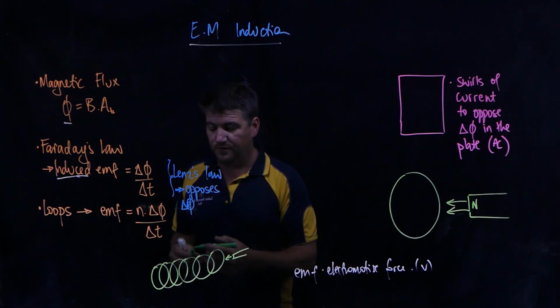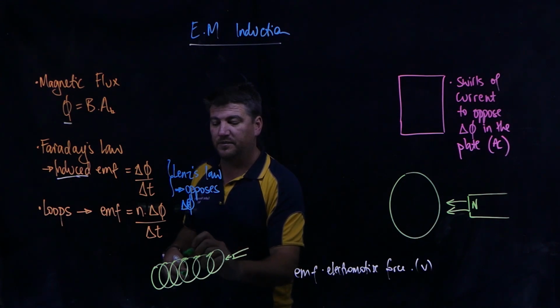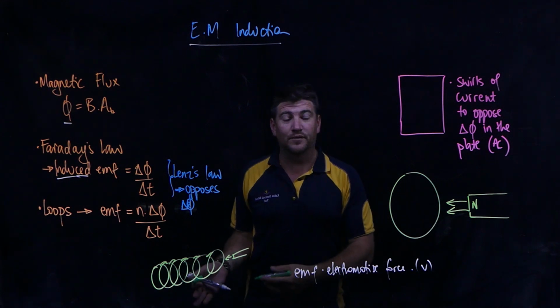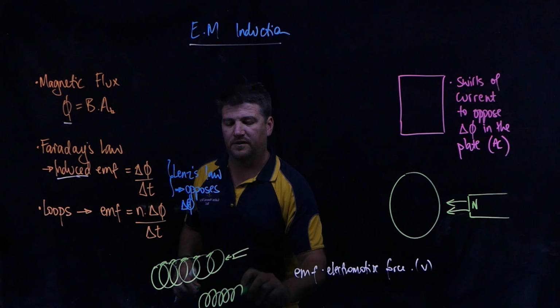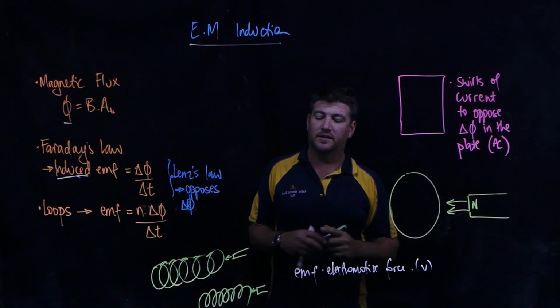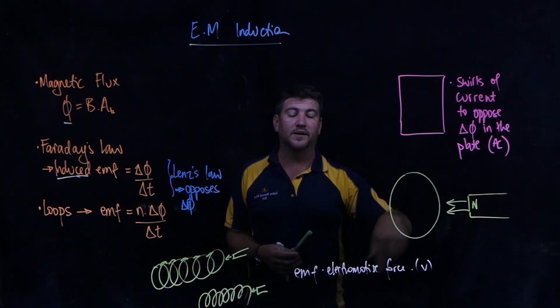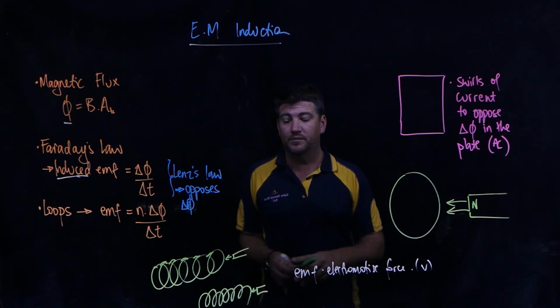Now, if I was able to get these loops and join them together, now what I can do is get those electromotive forces, those voltages, to piggyback on top of each other. So this works really well in, you guessed it, a solenoid. If I can make the magnet move through that solenoid, it's moving through a whole bunch of loops, just like this one. Each of them has an induced EMF in it, so we're actually building and building and building.